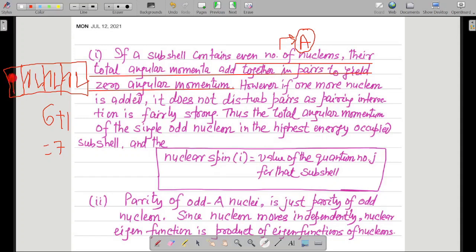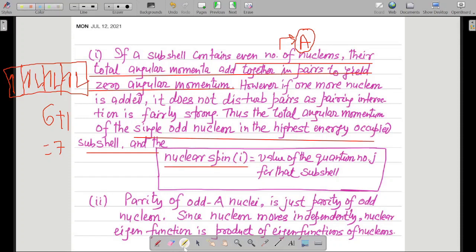This is the single odd nucleon, and it must be in the highest energy level subshell, obviously, because when we fill up the nuclear configuration, the highest energy levels are filled last. Highest energy levels are filled last whenever we fill the nuclear configuration. So the single odd nucleon in the highest energy level subshell will be responsible for nuclear spin.